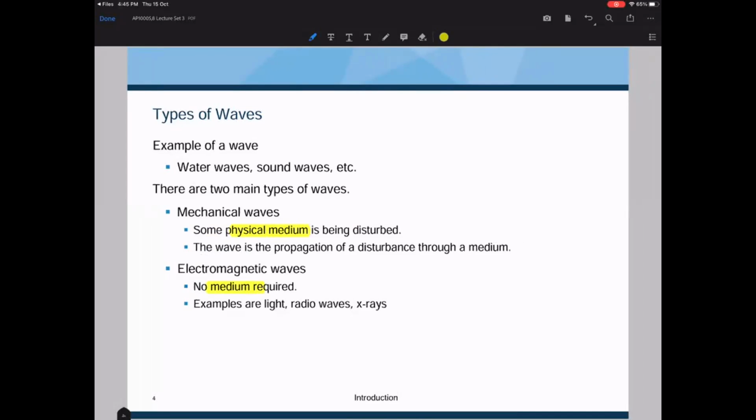So you have the electric and magnetic fields in the vacuum. That does not require the presence of any material. They would just be present in the space by themselves. So no medium required. And that is the electromagnetic wave.